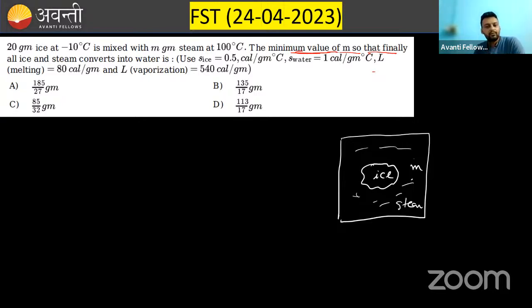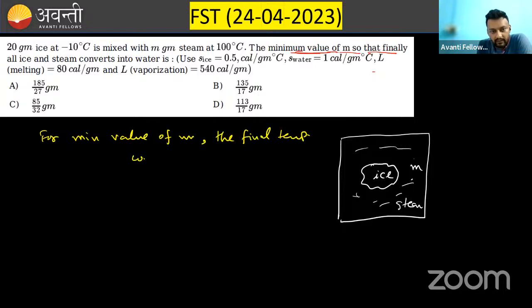So for minimum value of m, what does it mean? For minimum value of m, the final temperature will be 0 degrees Celsius. This is the meaning of minimum value of m.